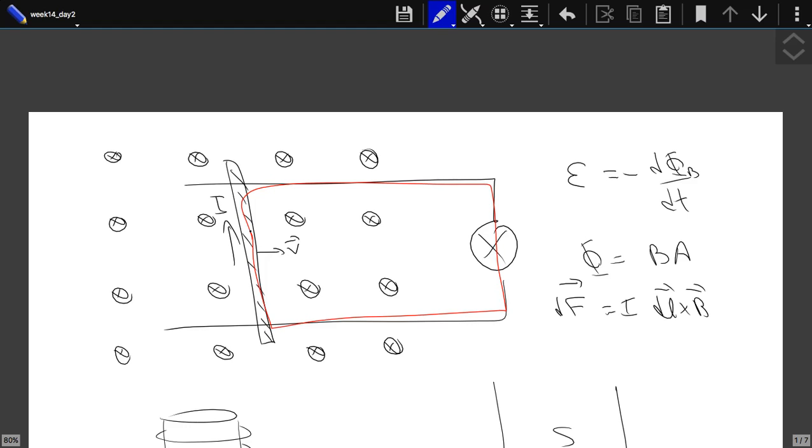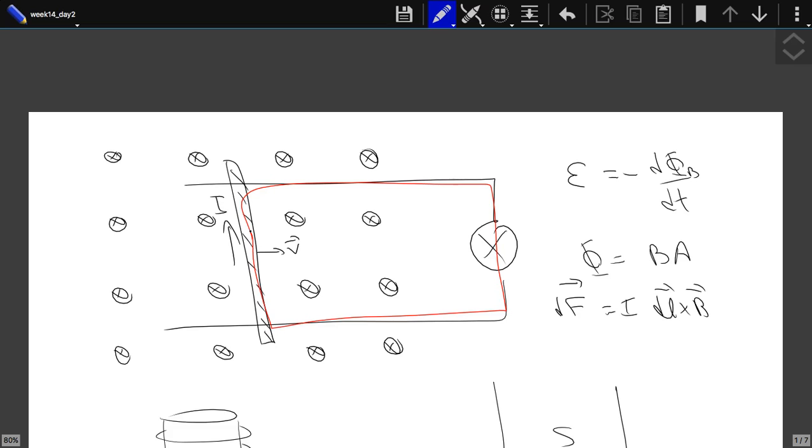Well, I have a different way of looking at exactly the same problem. I'm saying that there is an induced current because the total flux going through this rectangle is getting smaller. So the induced current should be such that it should try to increase the flux going through that rectangle. So the induced current will create an additional magnetic field.